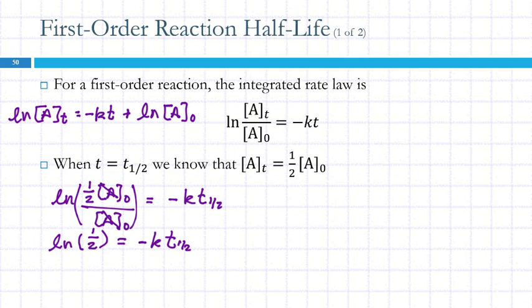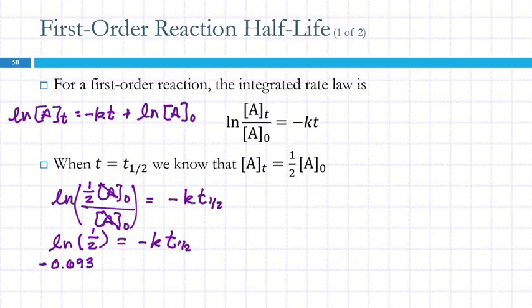Well, what's the natural log of 1/2? That's what we've got calculators for. Negative 0.693. There's a bunch of other digits. They traditionally just use the 3 sig figs.